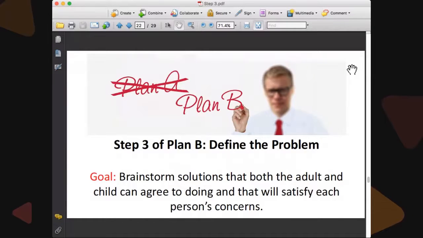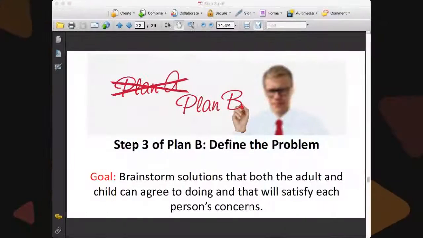So step 3, and I've got this up here, define the problem. I need to change that. Step 3 is the invitation. And this is the invitation to brainstorm some solutions. So we're finally getting to some solutions here. And what's really important is that the solutions have to be something that you can live with as an adult and something that the child can live with.